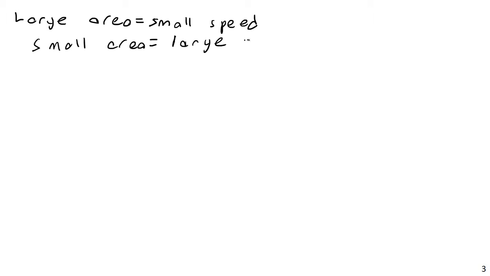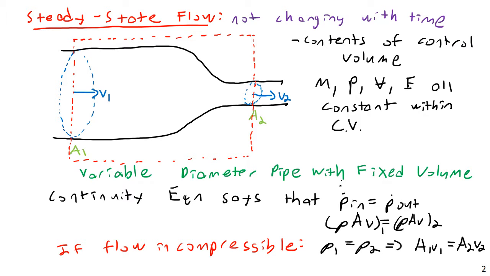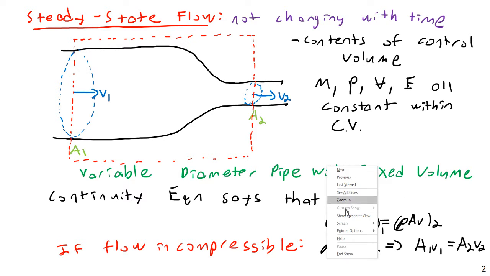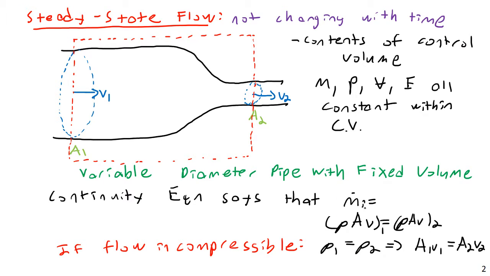Momentum needs to be conserved. Actually, now that I think about that, that isn't momentum. Sorry about that. I really screwed that one up. That is simply m dot in and m dot out. This is not actually a momentum relationship. Sorry about that. This is m dot in equals m dot out.